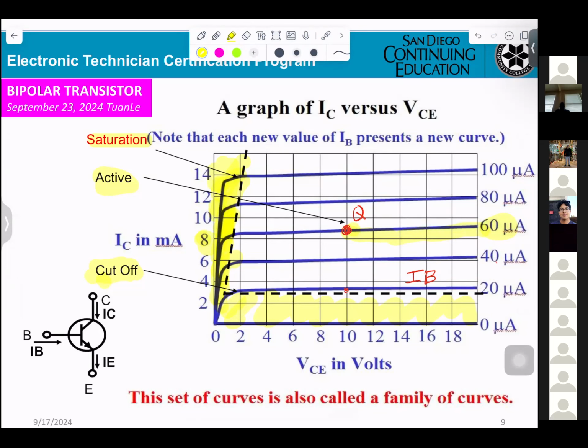What is the VCE? 10 volts. This axis stands for VCE. Q point here. You want VCE, you go down, 10 volt.